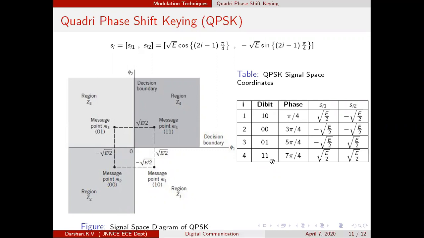This type of representation is called Gray code representation, and this is a convention followed. Along with the convention, there is another rule to write the symbols in this format to have a lesser effect of the noise, which we will see in later classes. This is what we have represented.